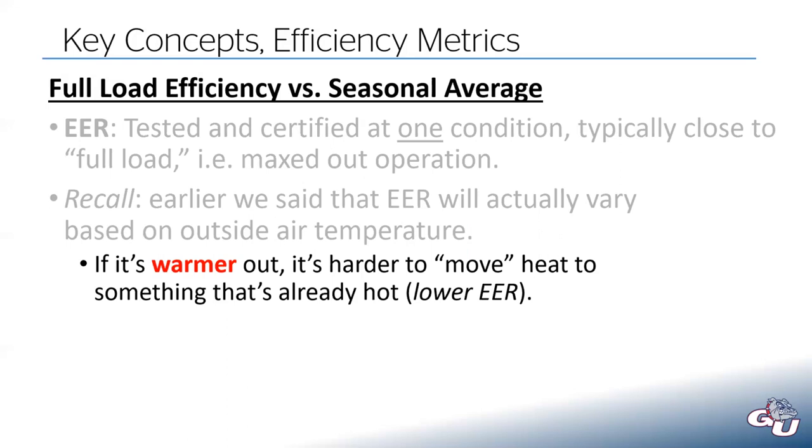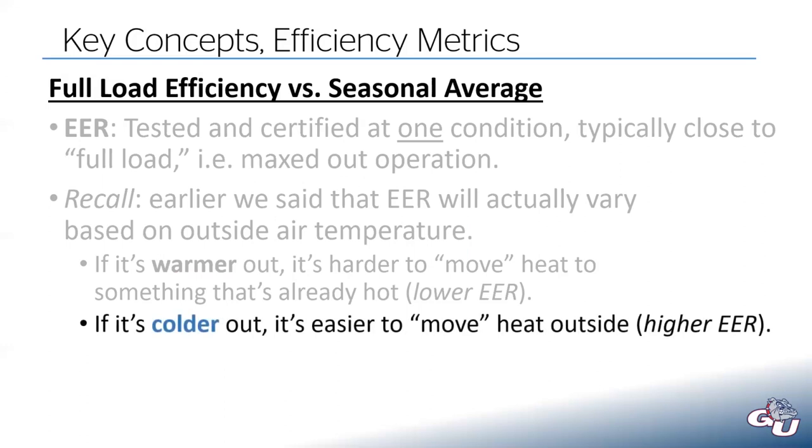Well, if it's really, really hot outside, if you go down to Arizona where it's 120 degrees outside, it's pretty dang hard to move that heat because it's already so hot. You're essentially pushing a boulder uphill. And conversely, if it's colder out, well, now it's easier to move the heat outside.